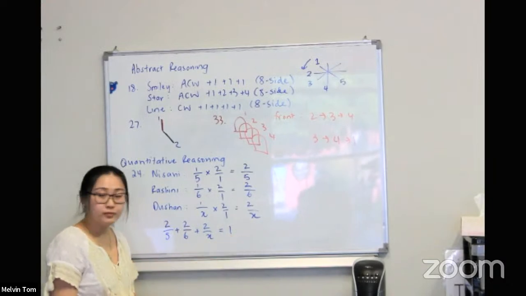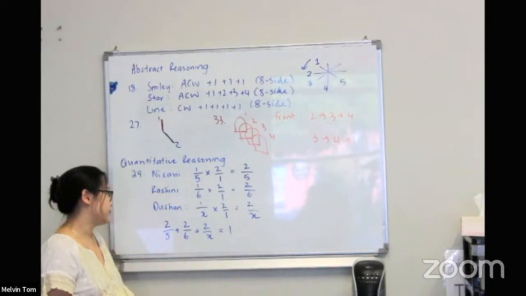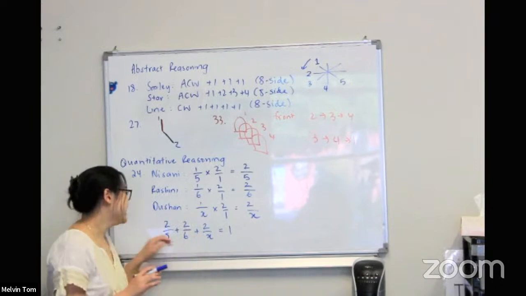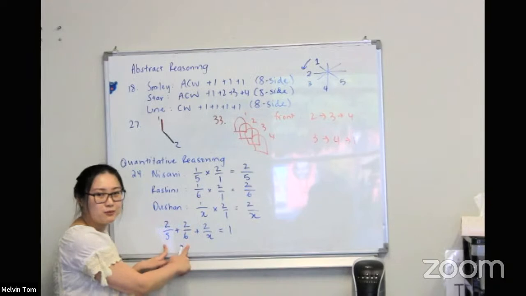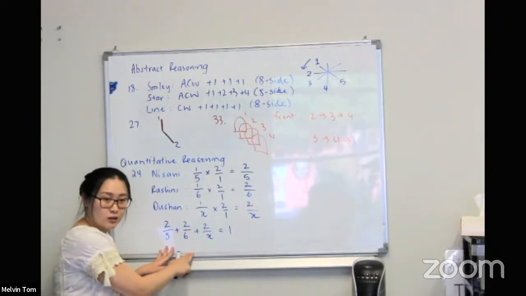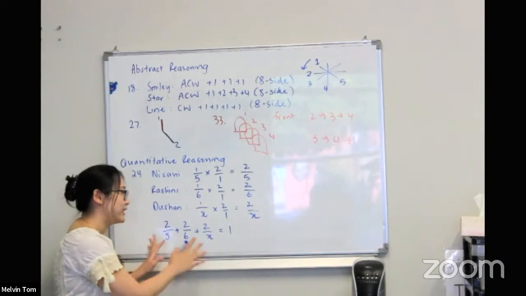So before we get there, we have 2 over 5 and 2 over 6. These two denominators aren't the same, right? So what do we have to do? Let's find the common denominator.